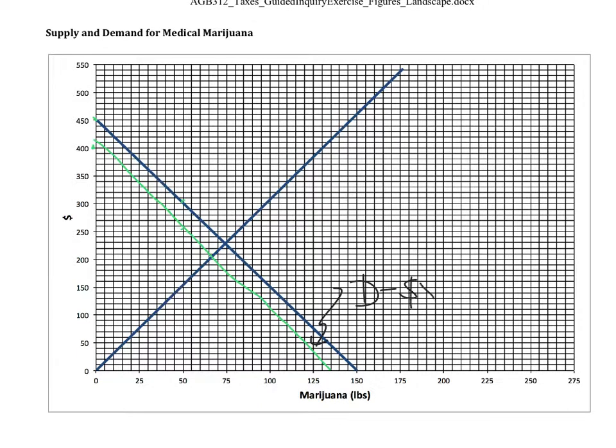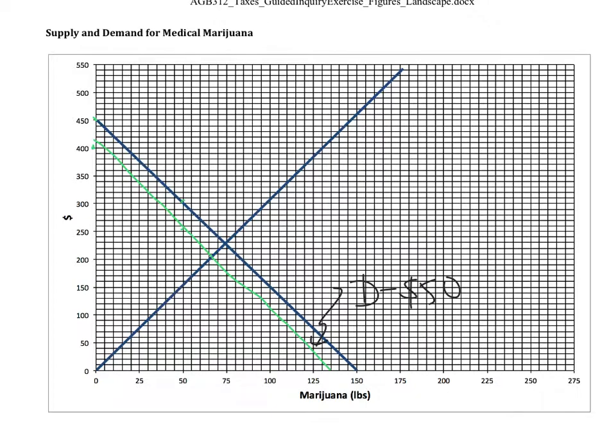Demand curve adjusted down by $50 again. It's not a new demand curve. It's just a point to help us figure out what should be the new equilibrium quantity. All right. So let's choose a new price.